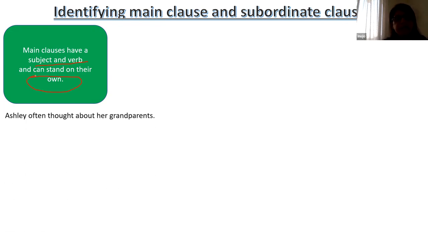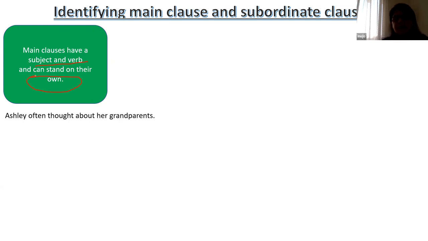How? Let us see. Ashley often thought about her grandparents. There is a subject, Ashley, and thought is the verb. It is a proper group of words with a proper meaning which can stand on their own, more or less like a sentence. Such a clause is an independent clause. It is more or less like a simple sentence. All right.